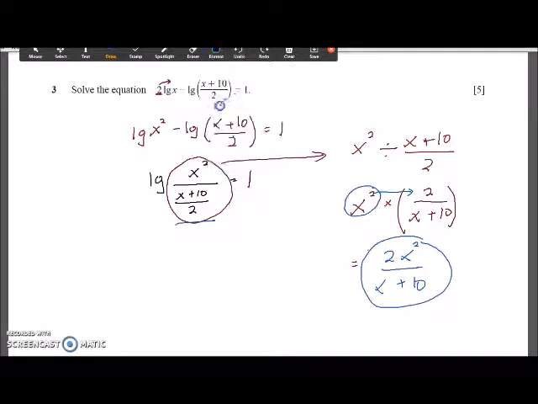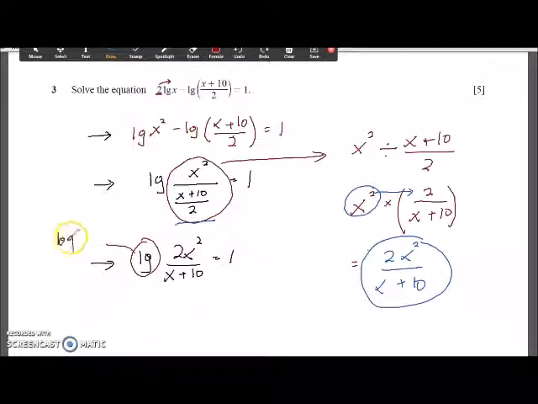So now your next step is, this is the first one, second one, and the third one here. It will be log 2x square over x plus 10 equals to 1. Remember the LG here, it refers to log 10.